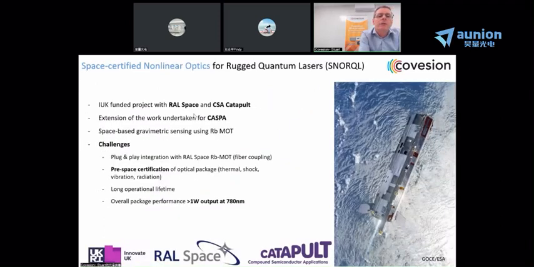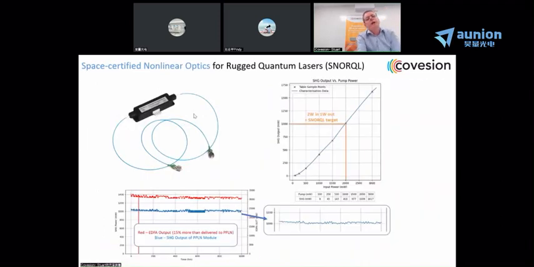I will skip this slide and just give you an example of the performance of our waveguides within a full package. So the left-hand side shows you our compact package with fiber coupling on the input and the output. And then to the right of that, you have the output power curve showing that for 2 watts of pump power, we're generating 1 watt of output.